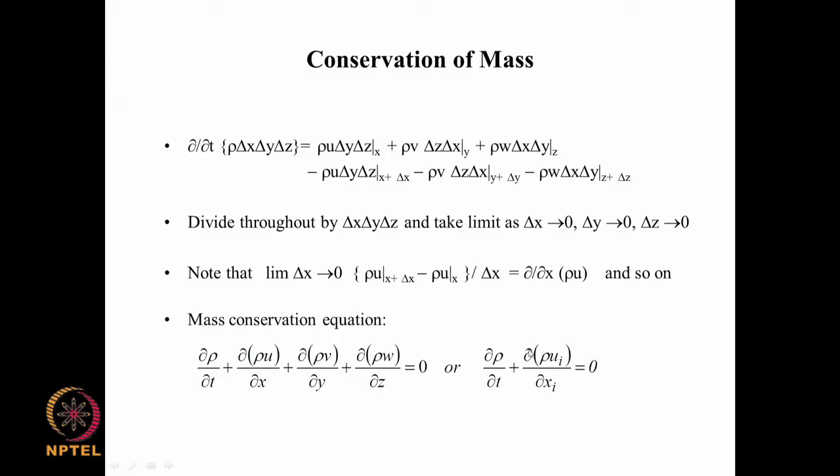At this stage, let us take a look at this particular equation, and we would like to point out here that we are using index notation to make things easy for us. What we mean by index notation is that variables which have components, like the displacement vector x has x, y, z components, velocity has u, v, w components, and we will see later on stress has 9 components.